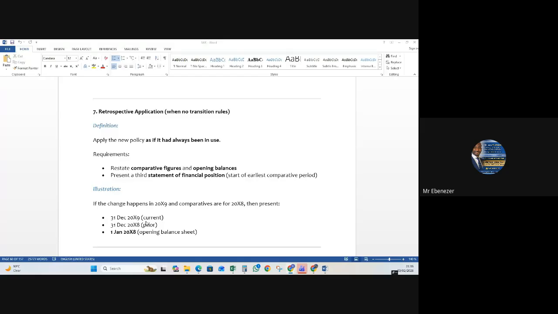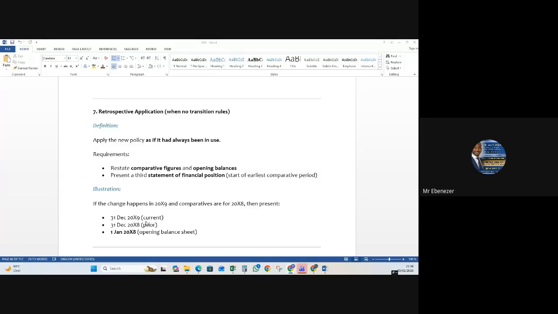When you have comparative figures and a retrospective treatment you want to apply, let's say, as at last year, I was using a cash basis. Now, this year, I want to switch to accrual basis. The financial statement of last year, I had prepared on cash basis.